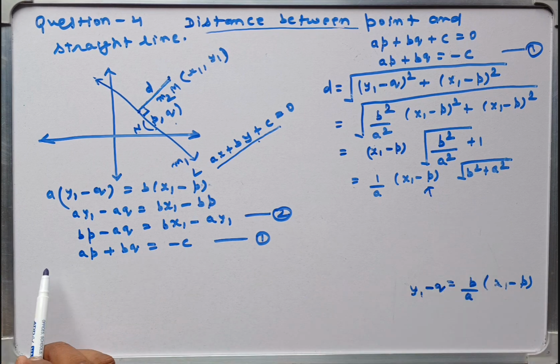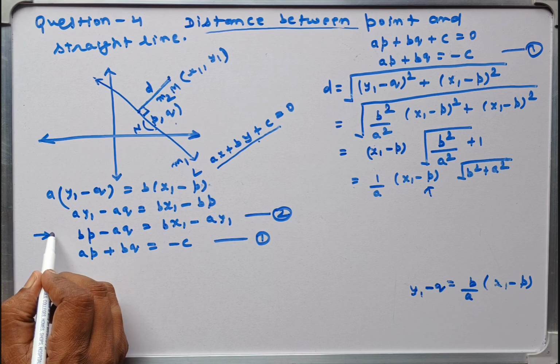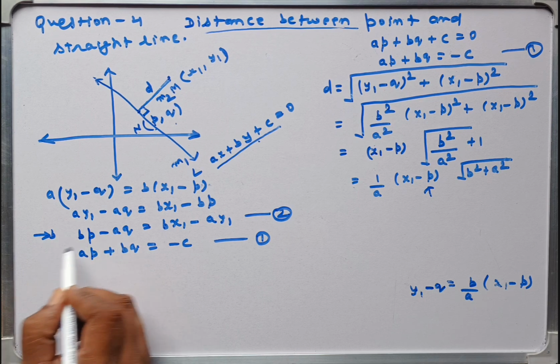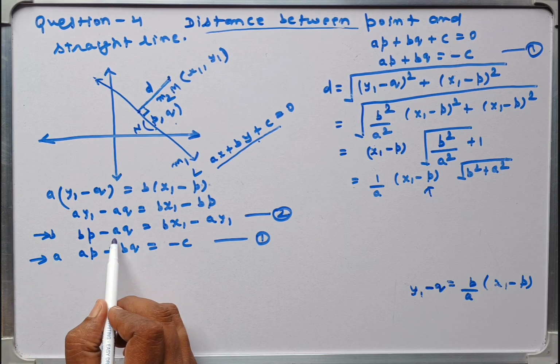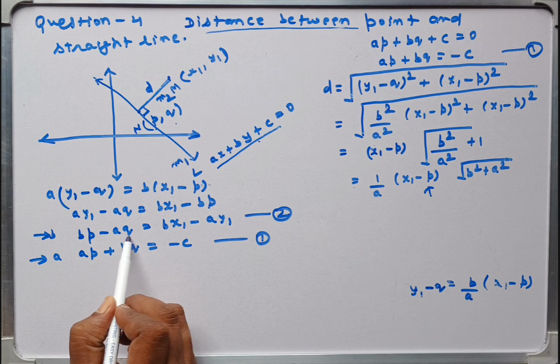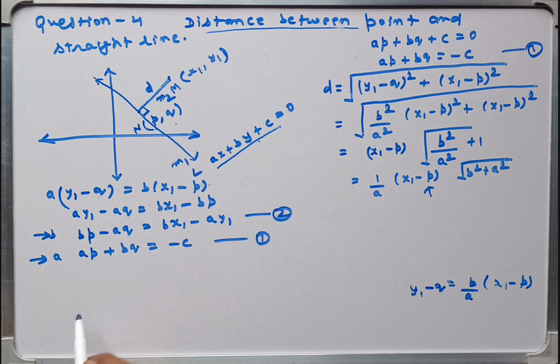So what we will do here, if we multiply this one by b and this one by a, then the coefficient of the q term will be equal and we can add both of the equations.